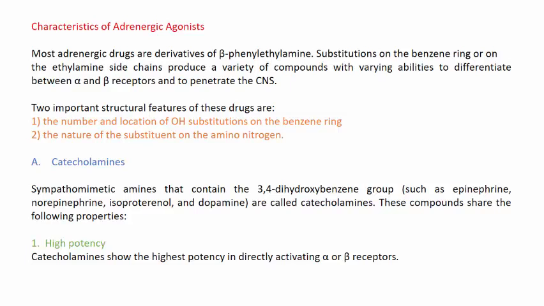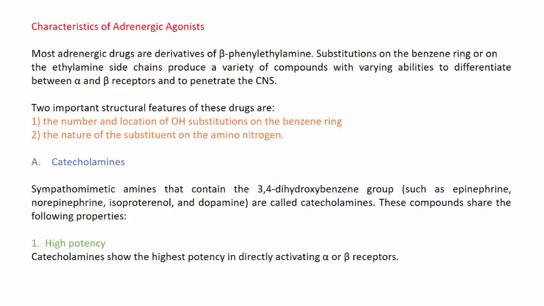Okay, so catecholamines, sympathomimetic amines that contain the 3,4-dihydroxybenzene group, واللي such as epinephrine, norepinephrine, isoproterenol and dopamine. هذه تسمى بالcatecholamines. These compounds share the following properties. Number one, high potency.